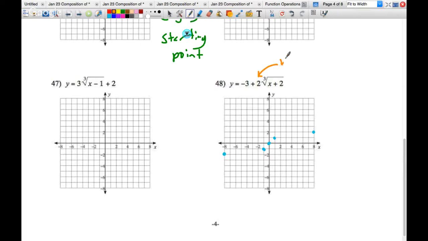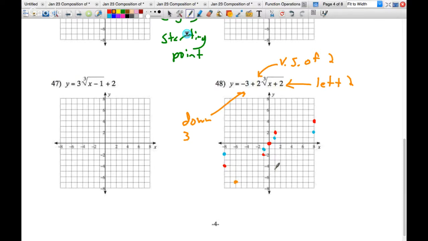We need to do a vertical stretch of 2. This plus 2 is going to move us left 2, and this -3 here is going to move us down 3. Let's apply the vertical stretch first. Add in new points. Point at 0 doesn't stretch at all. These points get twice as tall. All right, and now I need to move each of those points left 2 and down 3.